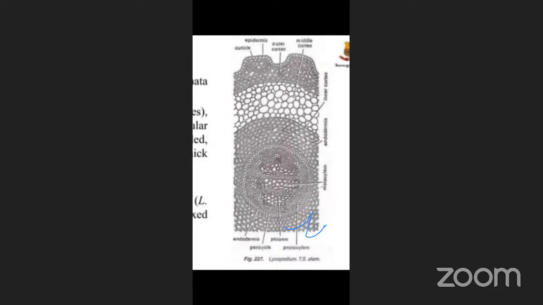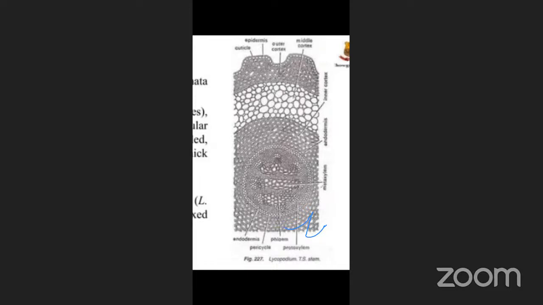Another one is the mixed protostele, which we can see in Lycopodium serratum. Each species has a particular type of stele, depending on the species. In the mixed protostele, the xylem is embedded in the phloem, so it looks like a mesh-like structure.